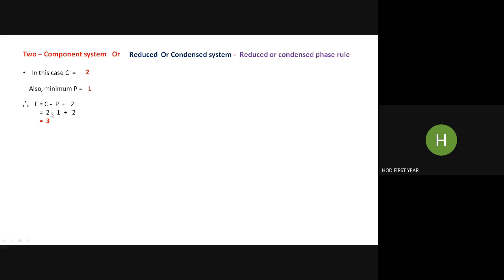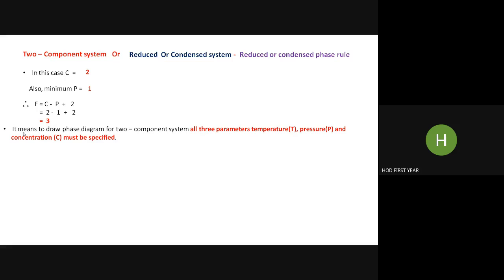Now the situation is F is equal to 3 means all three should be specified. And if you want to represent all three parameters, you need a three-dimensional diagram, and that is not possible on 2D paper. Paper is two dimensional, so we cannot draw it. That is what is written over here. To draw a phase diagram for two component system, all three parameters, temperature, pressure, and concentration must be specified.